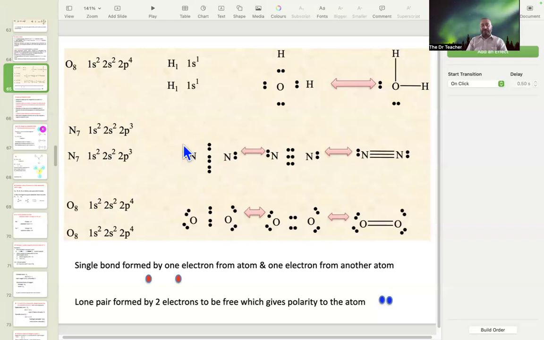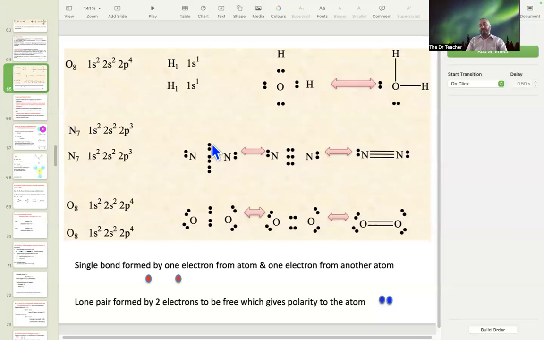These are the two electrons in the s orbital, in the second shell, and this is the 2 electrons in the other nitrogen. How many are left? 3 and 3, 6. So these 6 will be 3 lone pairs, and the 3 lone pairs can form a triple bond.